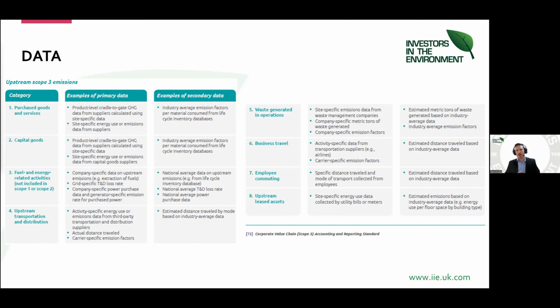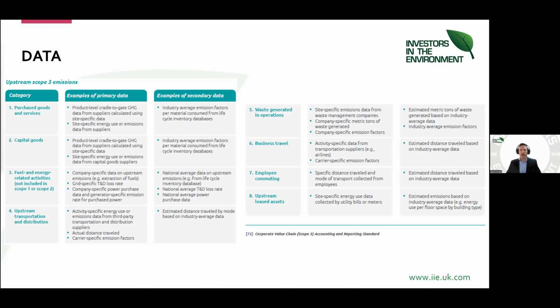So the data essentially is broken down into 2 types. There's primary data, which is supplier provided data. So that's actually data coming from your value chain. That could be actual data, say, for example, energy, or it could be carbon calculations. And then secondary data is everything else. So that's industry averages, published data sets, government statistics, research literature, anything like that.